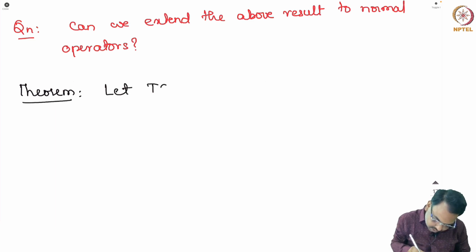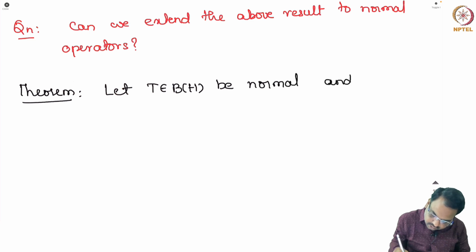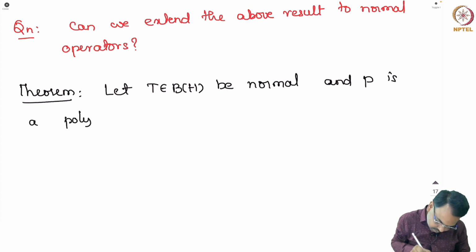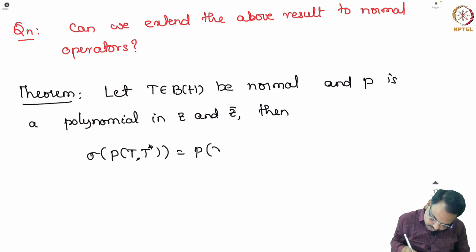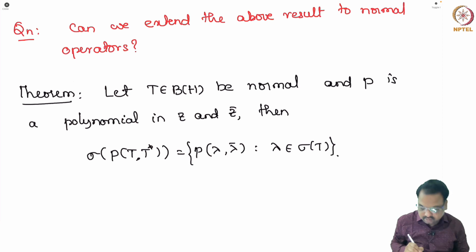Let T be a normal operator and p is a polynomial in z and z bar, then we can show that spectrum of p(T, T star) is p(lambda, lambda bar), where lambda is in the spectrum of T. Okay.